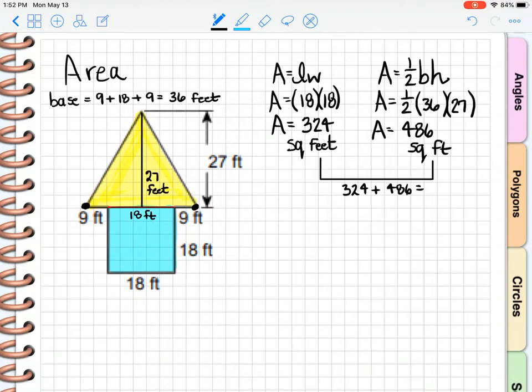And that'll give you 810 square feet for the composite area. And I know that's not easy, but the perimeter one is going to give us a little bit more work. So there's the area.